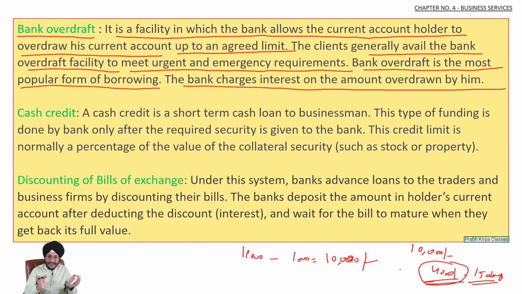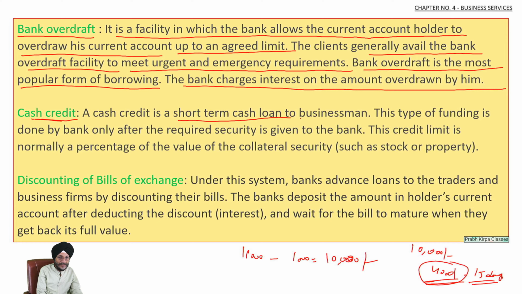It is possible that you have an overdraft facility already sanctioned of 10,000, but you are using only 4,000 in excess of the amount already lying in your account. So interest will be charged only on the amount actually overdrawn by you.